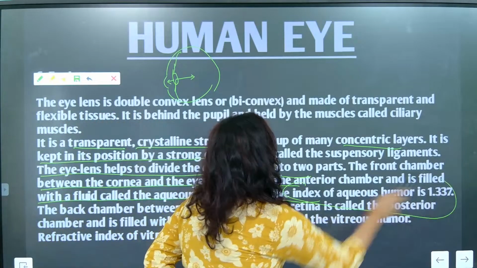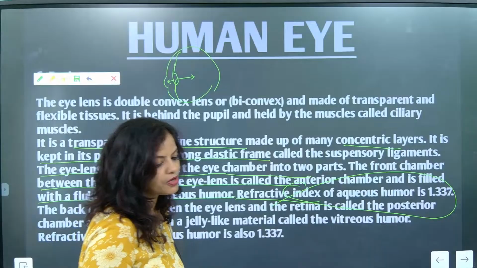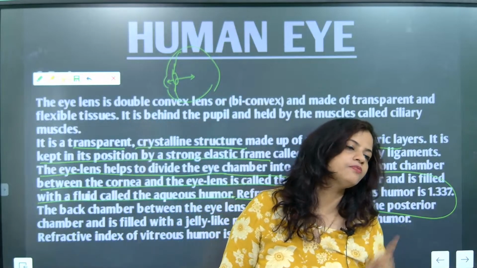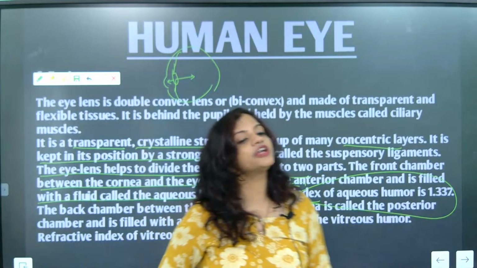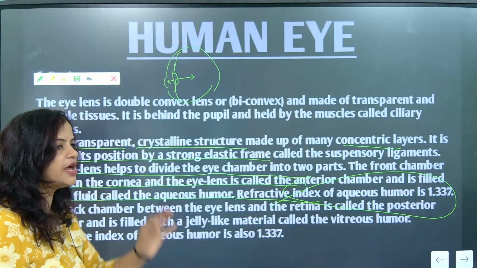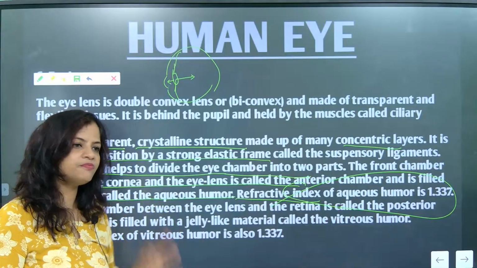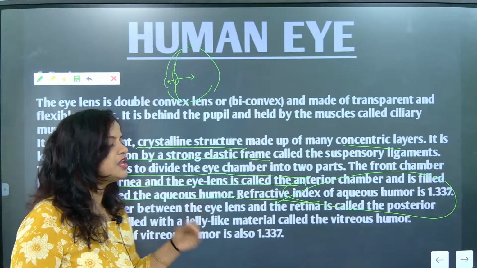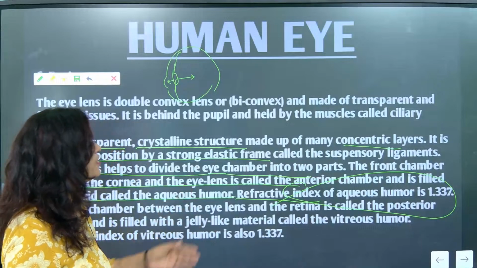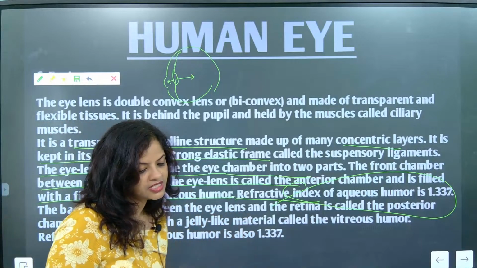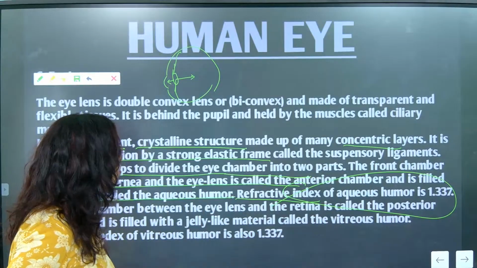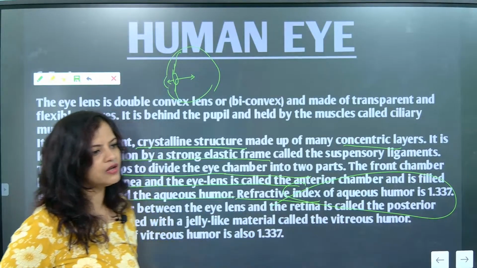Because the light is entering from a rarer medium to a denser medium, when the light enters the human eye, what will be the refractive index? The refractive index at that position should be 1.337. Understood?